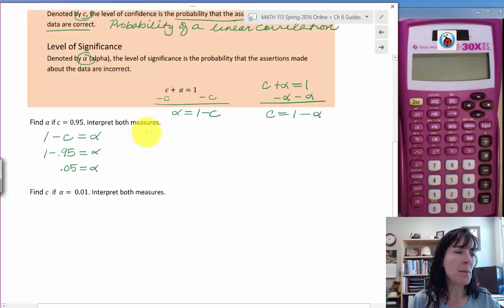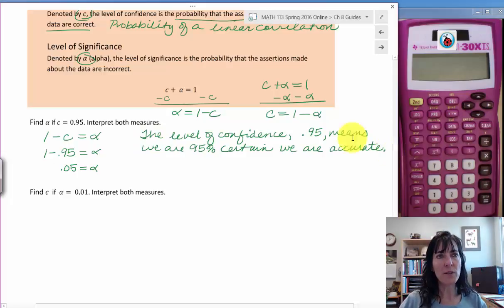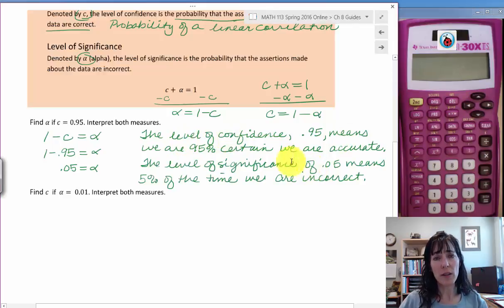The level of confidence, 0.95, means that we are 95% certain that we are accurate. The level of significance of 0.05 means 5% of the time we are incorrect, and that's the alpha value that we have here. Try out this next problem, especially the interpretations, and see what you get.